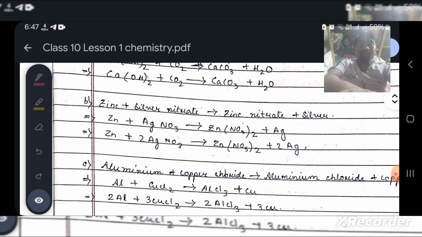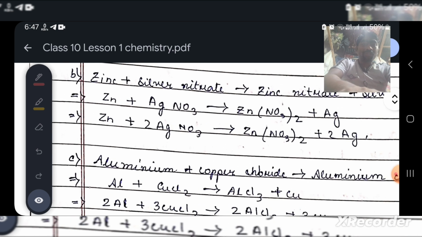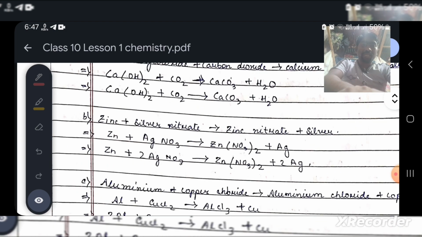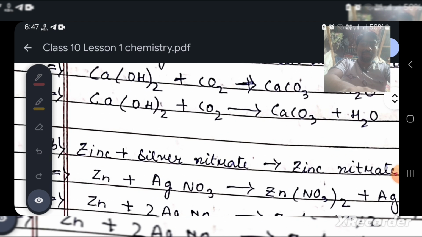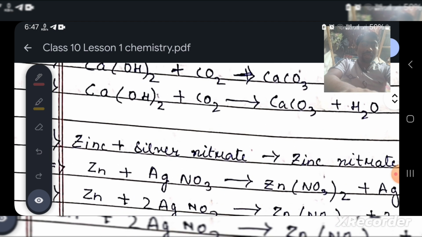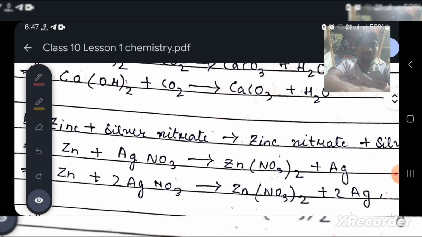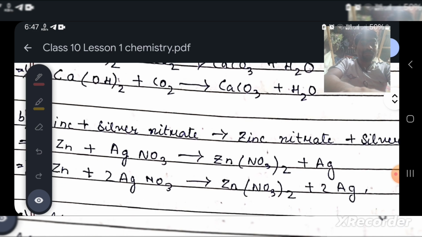Now if we do the balancing, zinc on both sides is 1 and 1, Ag is also 1 and 1, and NO3 is what? In the reactant side there is 1 NO3, in the product side there are 2 NO3.